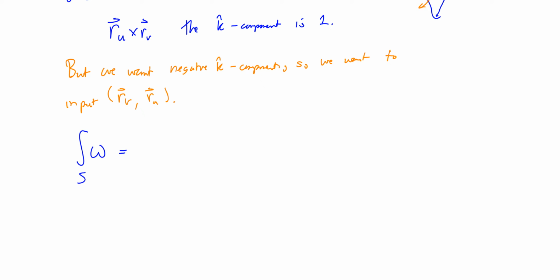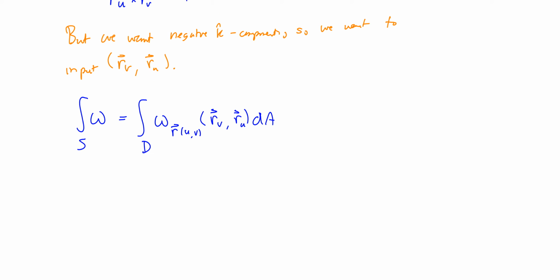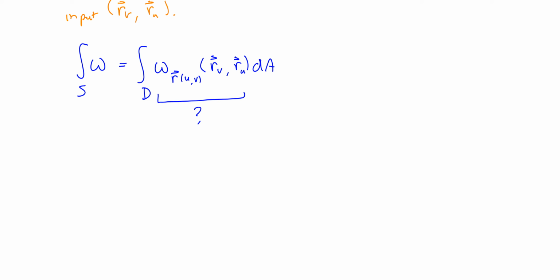This should be the integral over our region D of omega of r of (u,v), and then to make sure our orientation is downward, we need r_v comma r_u, and then we want this in the dA component. So next thing we need to do is evaluate this. We look at omega of r of (u,v), and then we input r of v comma r of u.